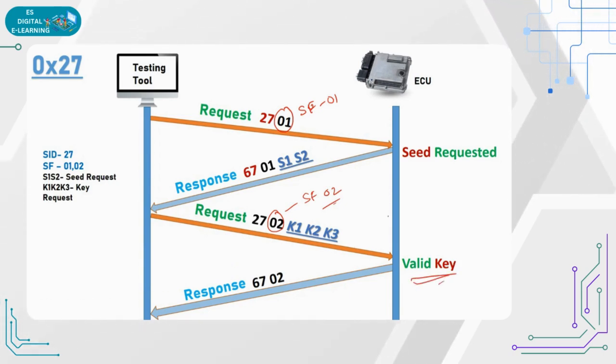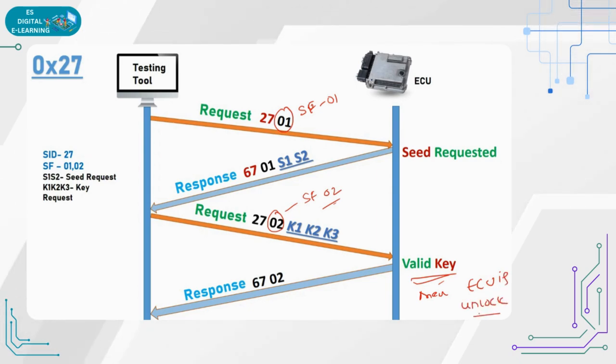If you are getting this valid key, it means the ECU is unlocked. ECU is unlocked means you are able to read the information. You can write down this. Okay, is it clear, right? Yes, sir. Okay, good.